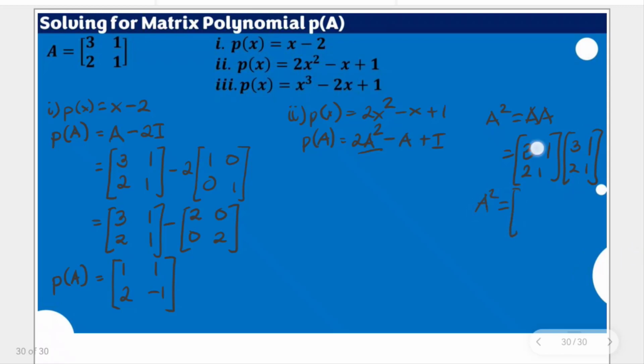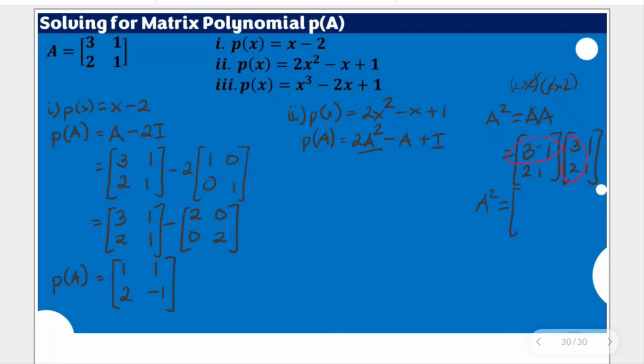For the matrix multiplication, we take the row of the first matrix to the column. And since both of them are square matrices, specifically 2 by 2 times 2 by 2, we expect a defined result of 2 by 2 as well.